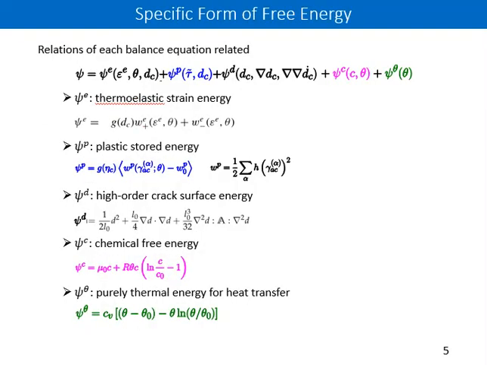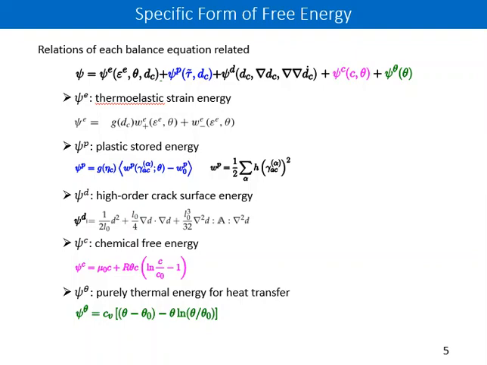This is the free energy we used in our model. The thermal elastic stored energy considers the thermal expansion and the tension compression split. The plastic stored energy for the crystal plasticity model represents the hardening evolution in each slip system.